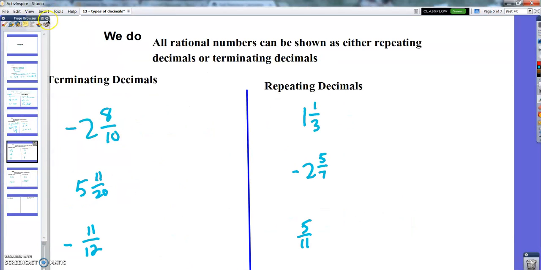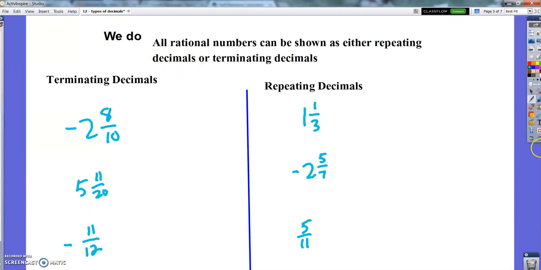So let's start here. First thing I need you to know and write down: all rational numbers can either be shown as repeating decimals or terminating decimals, one or the other. So some terminating decimals. This is an easy one because we say this the same way we say the decimal.